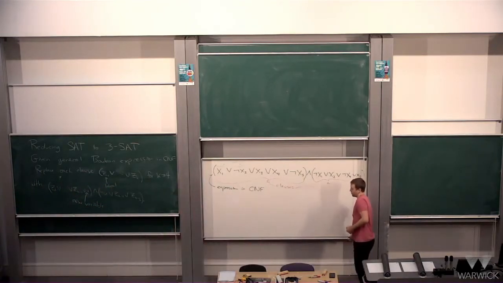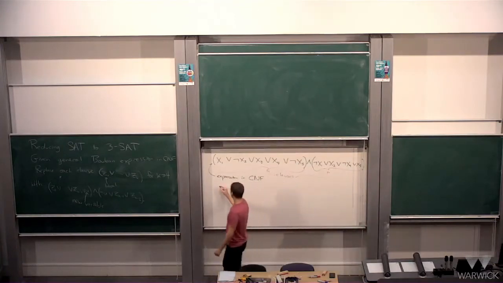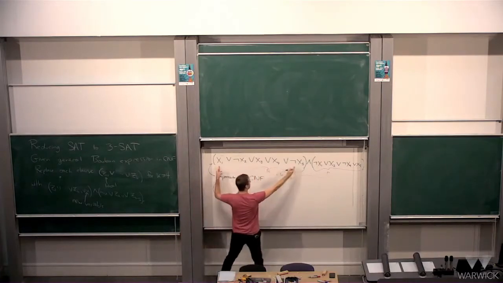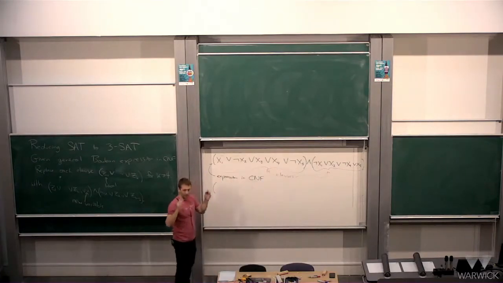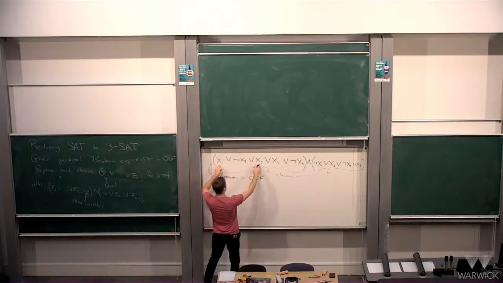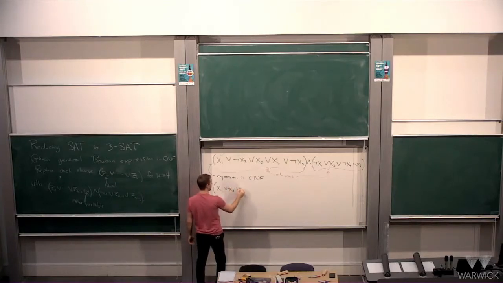So here what you would do is you take this first clause and replace it by two clauses, which look like, so here it has 5 things in it. So K is equal to 5 here, right? I take the first K minus 2 things, so I write them again. So Z1 or not Z2 or Z3.